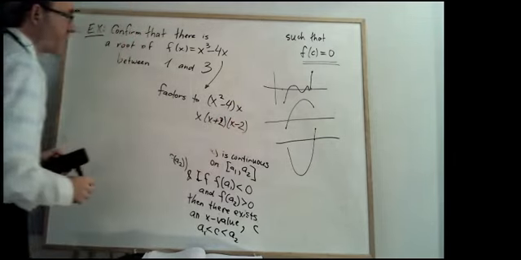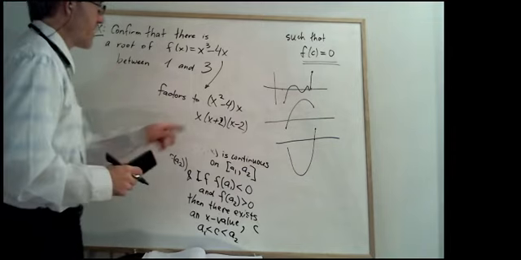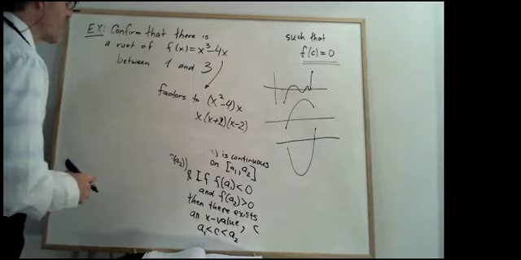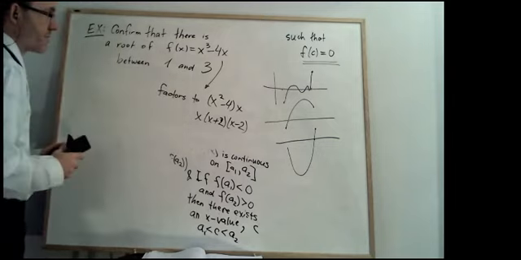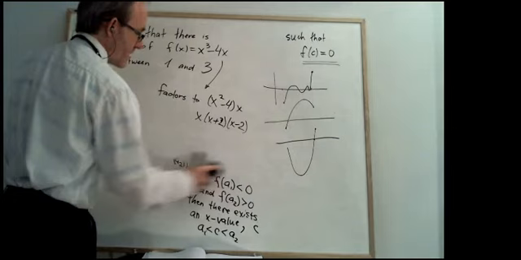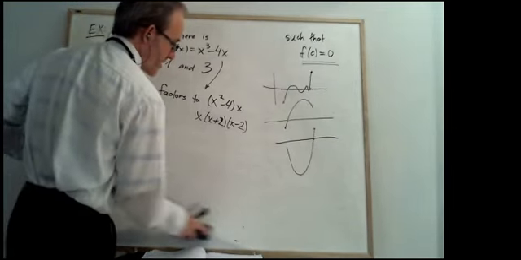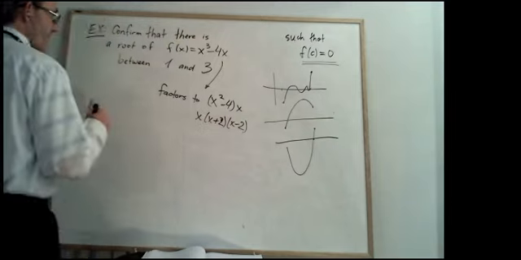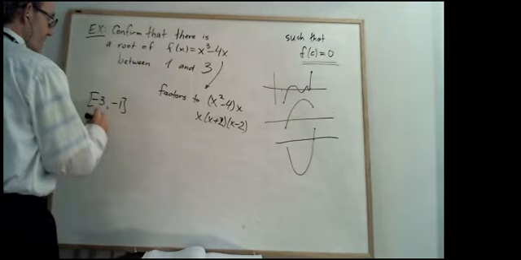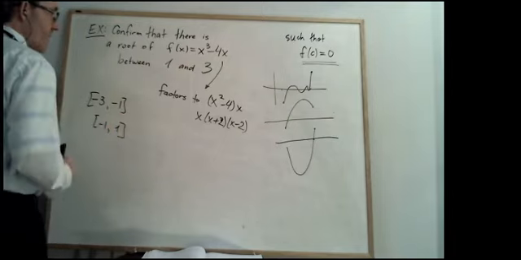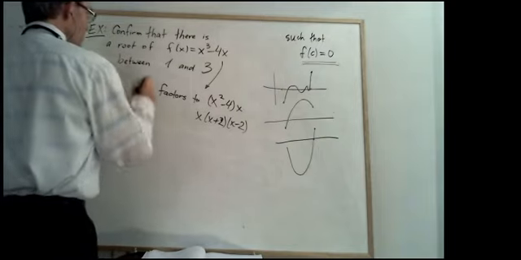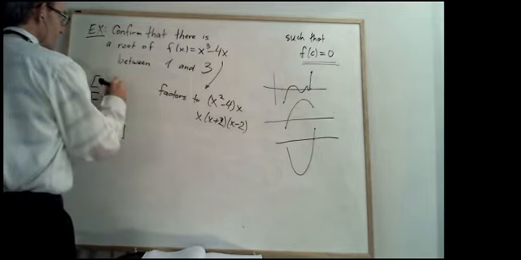So in fact there are 3 roots, one at x equals minus 2, one at x equals 0, and one at x equals 2. So we know there should be a root between 1 and 3. And likewise between minus 3 and minus 1, and also between minus 1 and 1, and we can check those as well. Okay, so let's check the 1, 3 interval first.